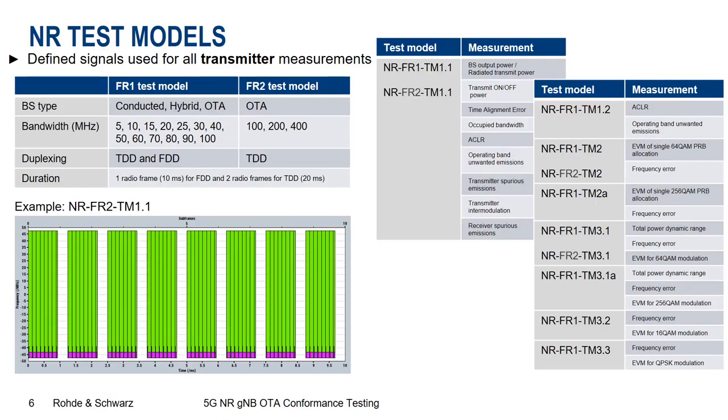And in FR1 there are also different TDD and FDD test models. For a certain kind of measurement, the base station needs to transmit the correct test model, and then the parameter is measured by the measurement equipment.